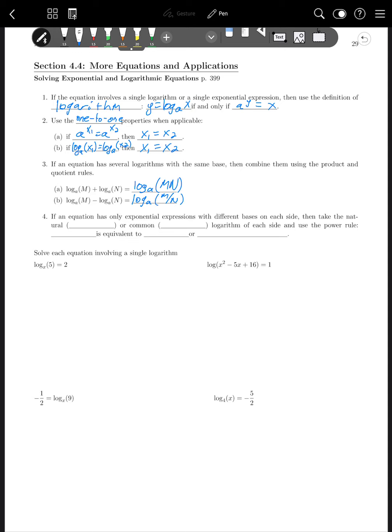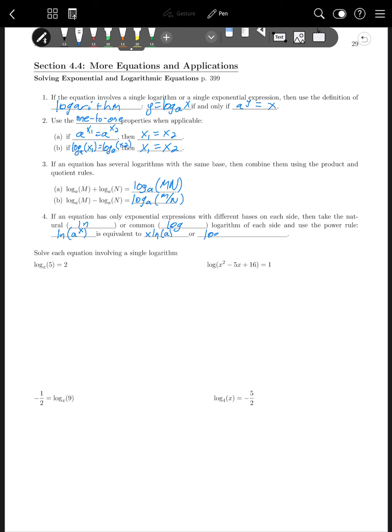And last but not least, if none of these work, we can use the one-to-one property of logarithm to take the natural log or the common log of each side and use the power rule, which says that the natural log of a to the x is the same thing as x times natural log of a, or you can use it with log.